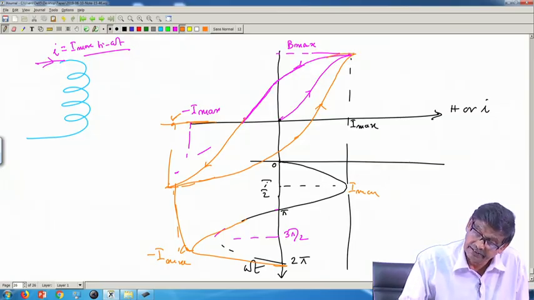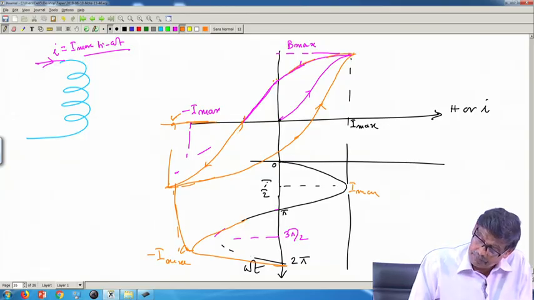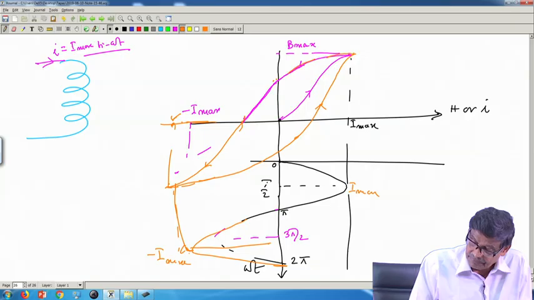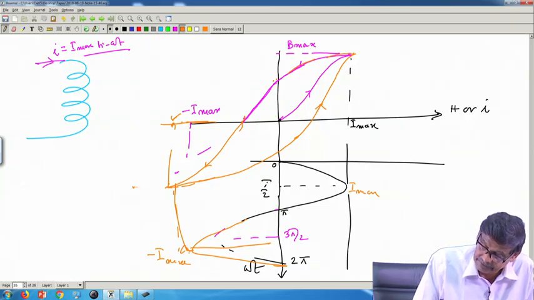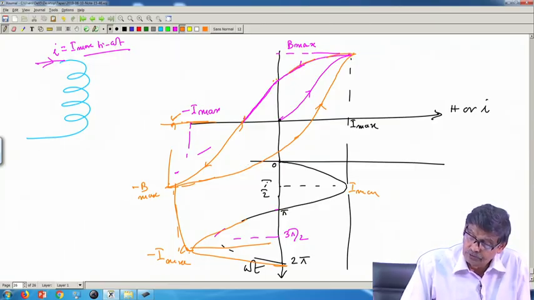Therefore, when you are decreasing the current, current reaches 0, residual field is there. Then you further need negative current to make it 0 B, and then go on increasing the current up to minus I max, then it will reach this minus B max, this level. And after that, no looking back.